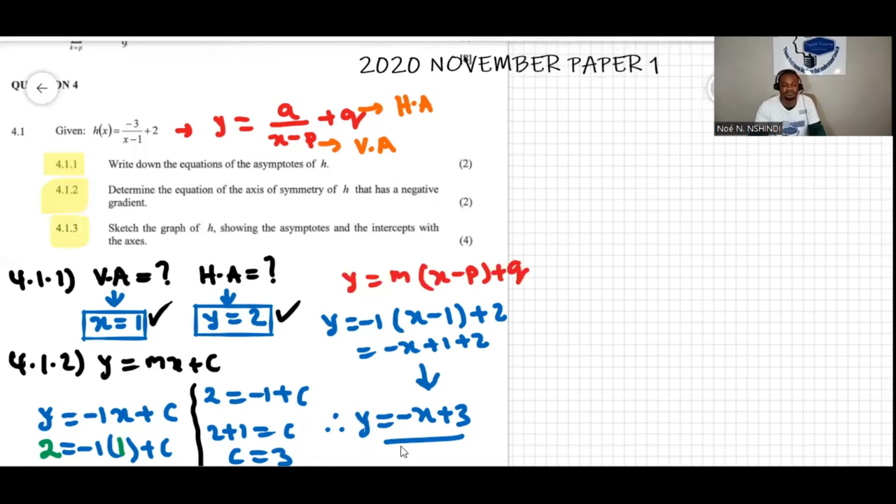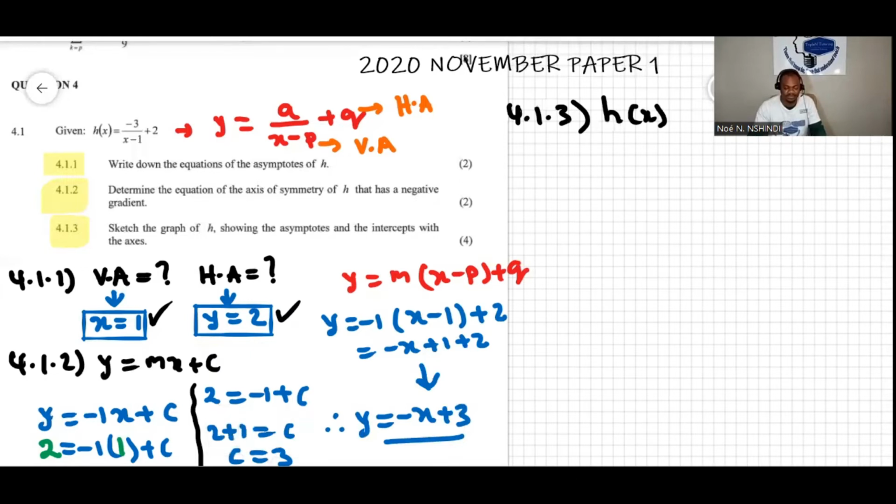Now we're going to do question 4.1.3. The question says, sketch the graph of h showing the asymptotes and the intercepts. Now, before we do the graph, let's first find the intercepts. So we're looking for the graph of h of x. To do that, let's first start with the intercepts.